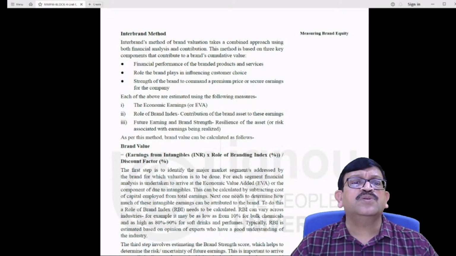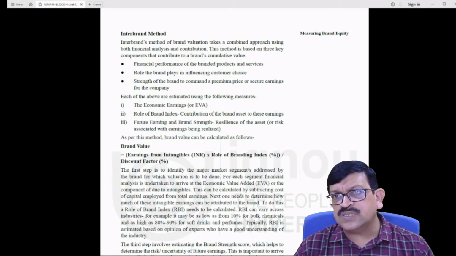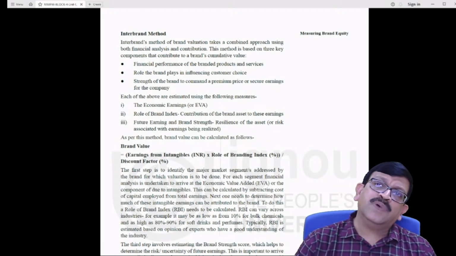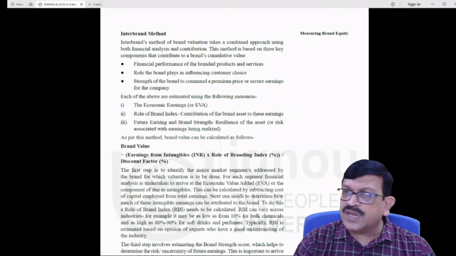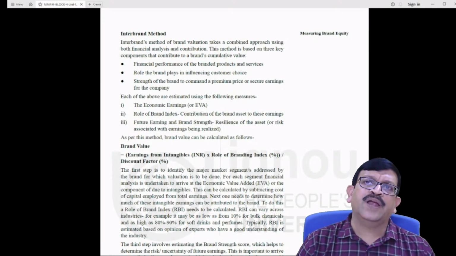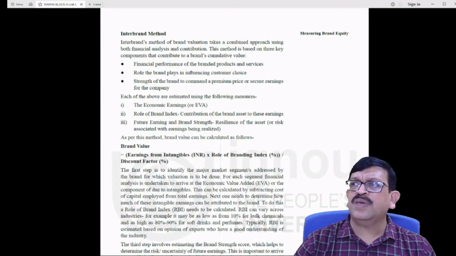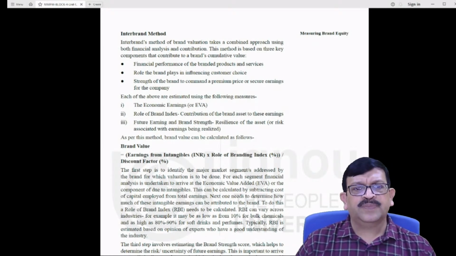They have also looked into how the brand is engaging with the customer in terms of their choices, and they also talk about strength, how they are competitive in the competitive sphere. What is the strength of the brand, and what is its capacity to demand a premium from the market, right?